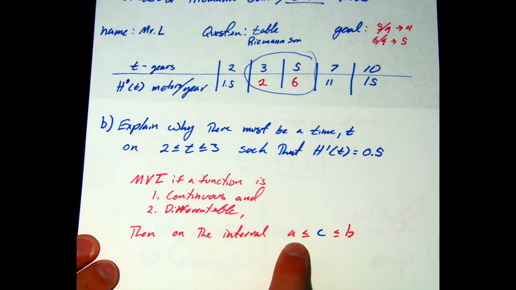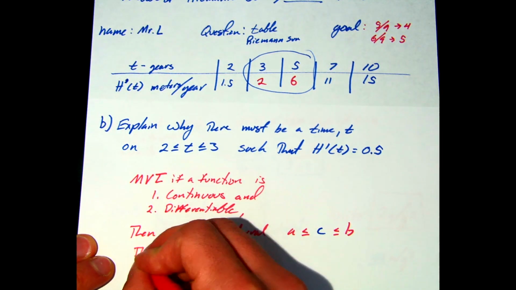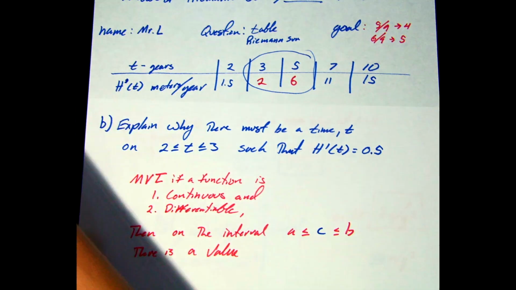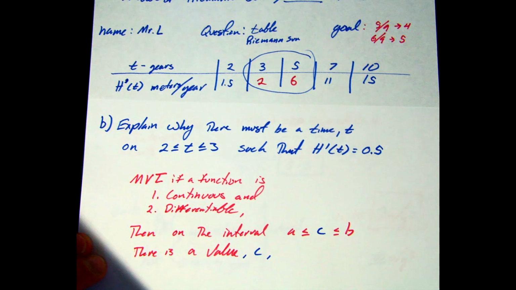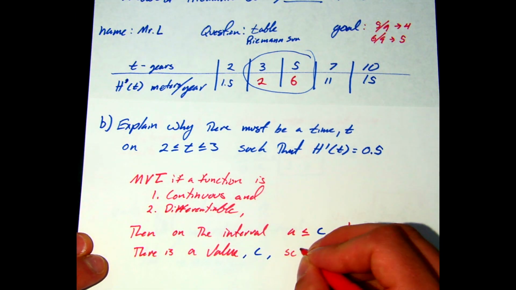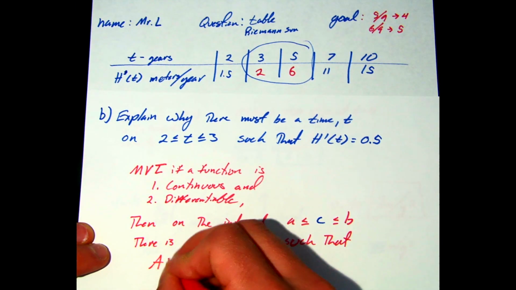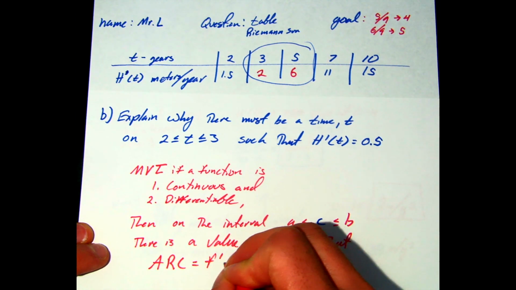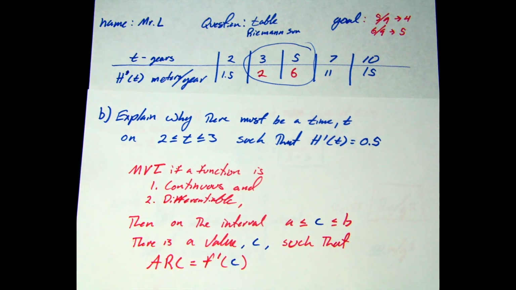On the interval A is less than C, which is less than B, there is a value that they call C, such that the average rate of change is equal to f prime of C. It's called the mean value theorem.